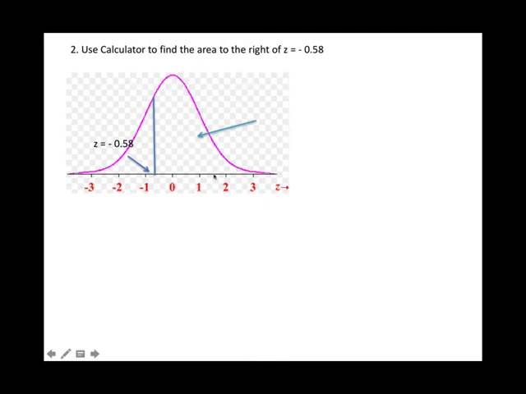Think about it: what is the lower value and what is the upper value? Okay, lower value starting at negative 0.58. Upper value, again, is the big number, 1E99. Use the calculator to see what you get.